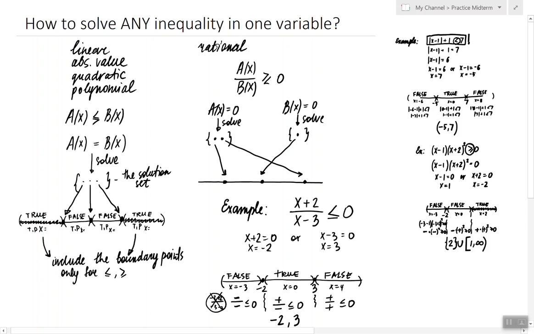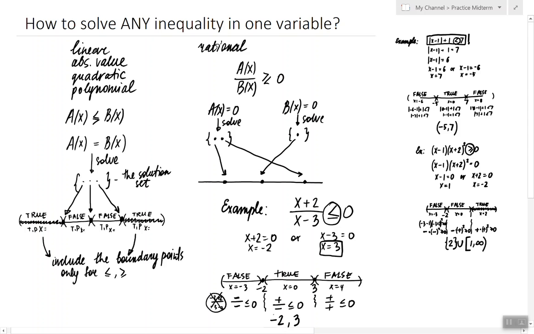Now I just have to decide whether to include the boundary points. Since the inequality is non-strict, I have to include the boundary points, but the boundary point that came from the solution of the equation in which the denominator was set equal to 0 cannot ever be part of the solution set. So we never include that point in the solution set.